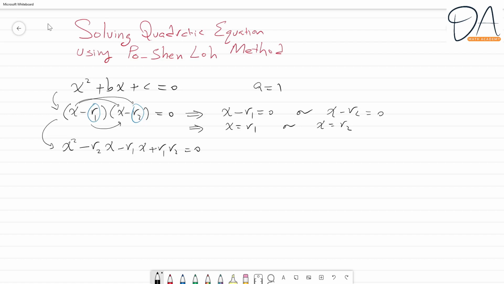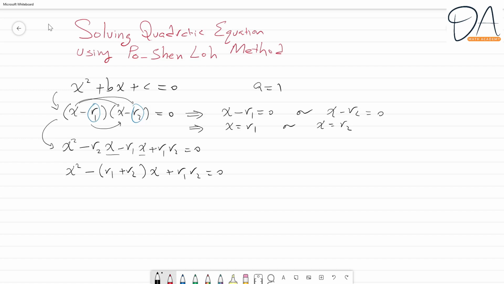We can see that x here is a common factor, so we can group these. So what we'll have here is x squared minus (r1 plus r2) x plus r1 times r2 equal to 0. Again, this is based on our assumption that we are able to factorize this quadratic equation.